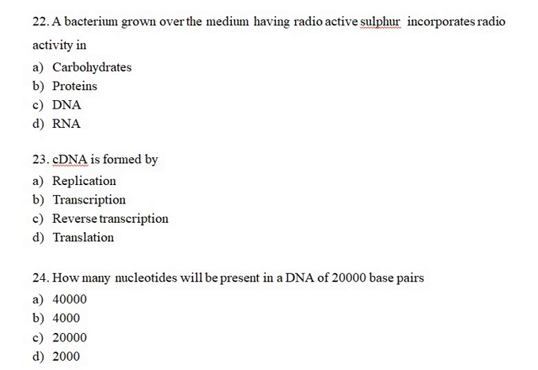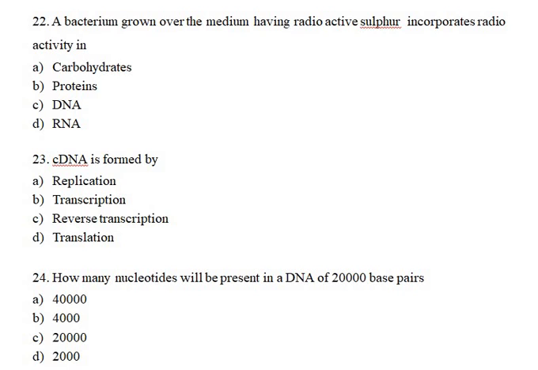Now coming to the question number 24. How many nucleotides will be present in a DNA of 20,000 base pairs? Option A, 40,000. Option B, 4,000. Option C, 20,000. Option D, 2,000.